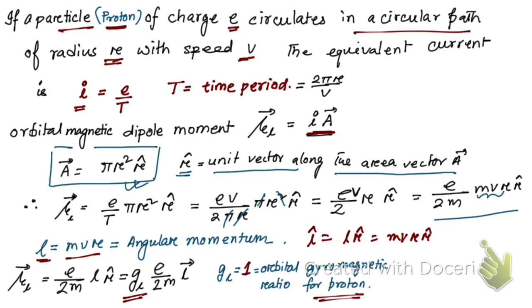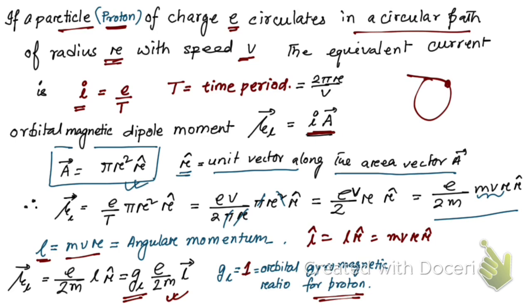So here we can say that there is 1; if we assume that, there should not be any problem. Similarly, this is the orbital magnetic dipole moment due to this orbital motion.